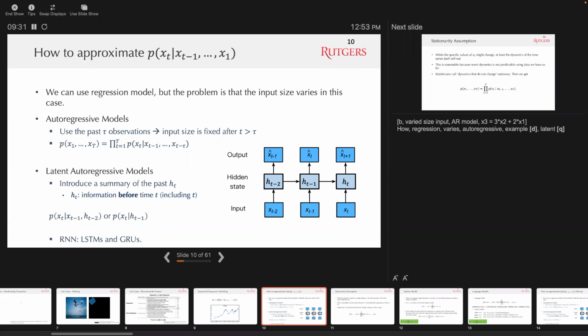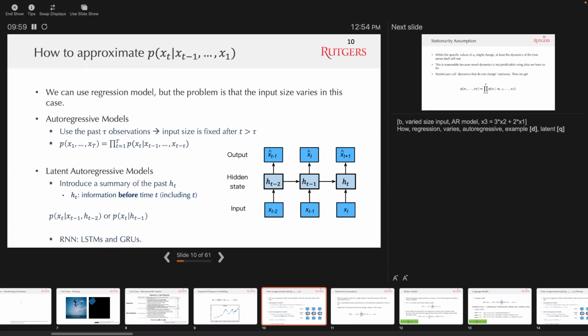So every time you're predicting the current value, you always use the previous 2 time steps. So this is an example of an autoregressive model, a very, very simple example when tau is equal to 2. So when tau is equal to 2, it basically says that you only use the past 2 observations to predict the current value.